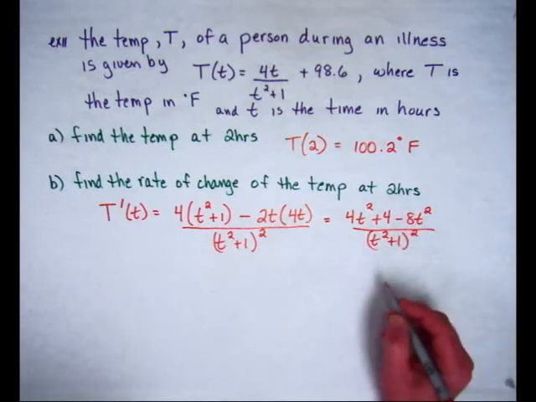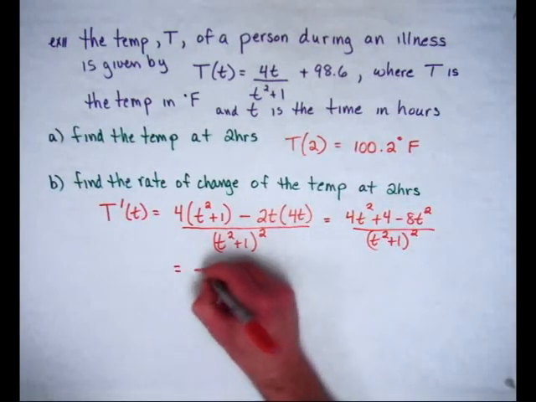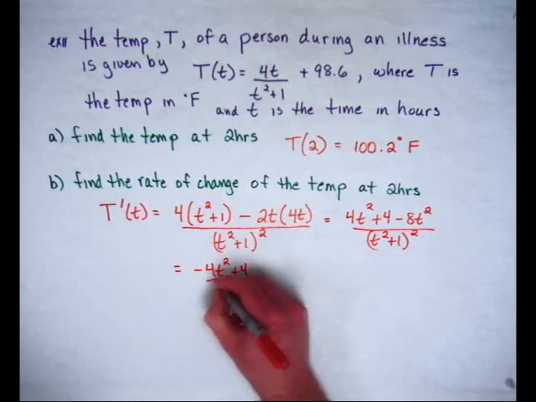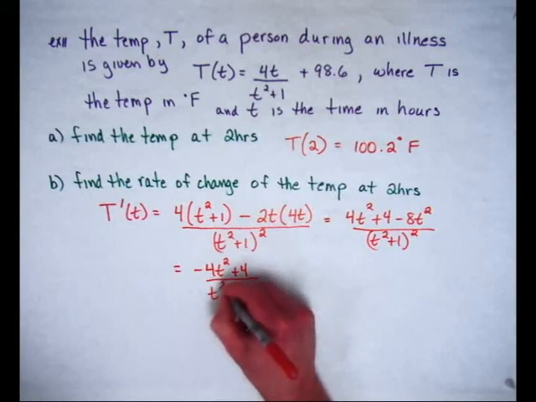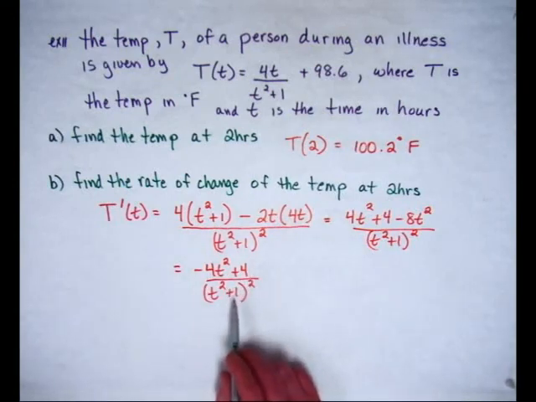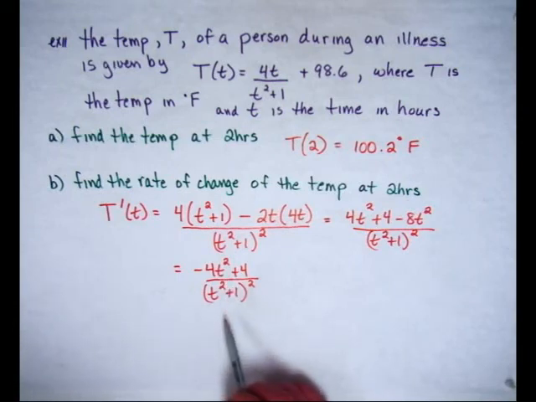Collecting our like terms, we would end up with minus 4t squared plus 4, all over t squared plus 1, all squared. So this answer right here is our simplified derivative. Pretty powerful thing. This is giving us the rate of change. In other words, how fast the person's temperature is changing at any moment in time during their illness.